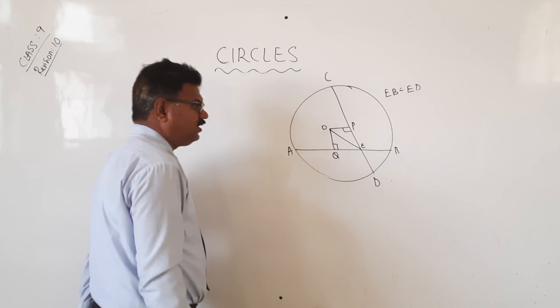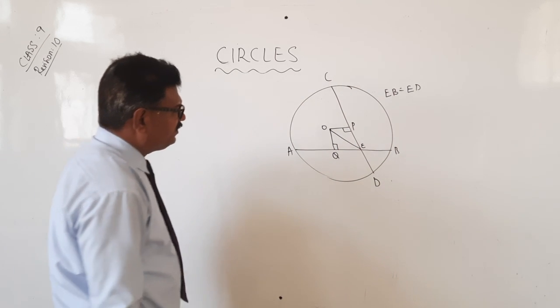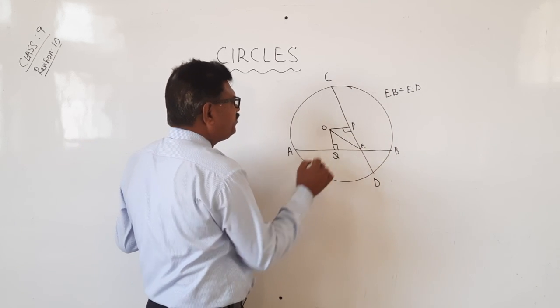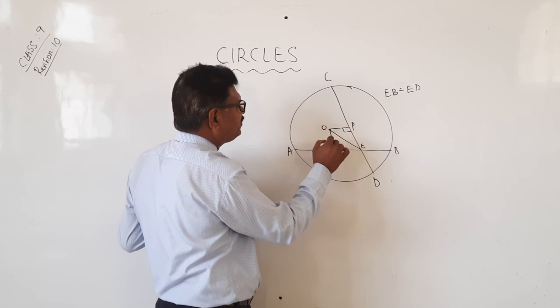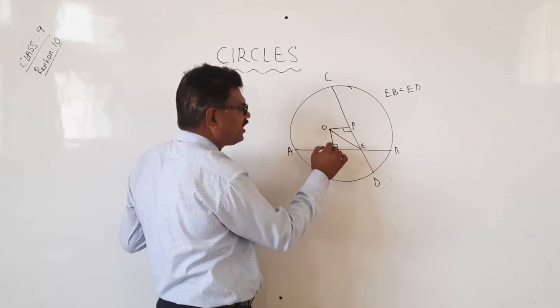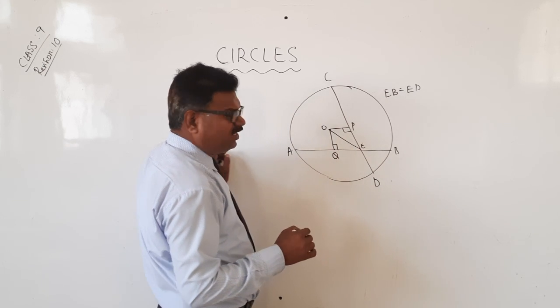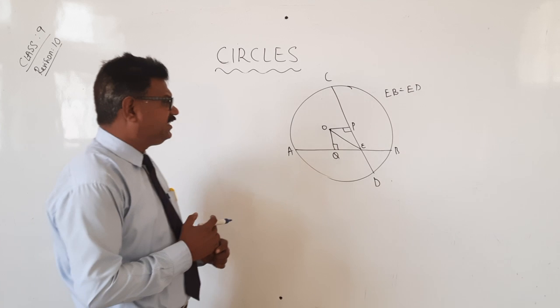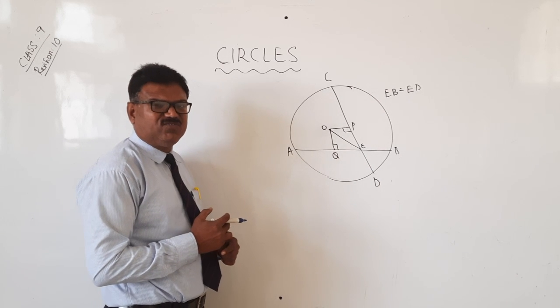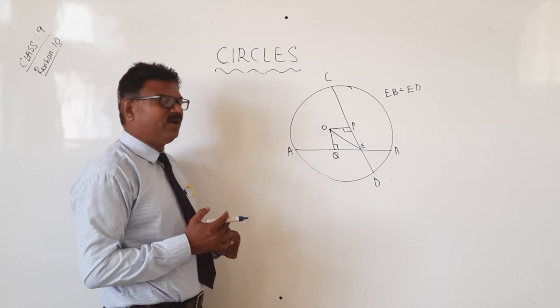Now, if it is perpendicular, the distance from the center to the chord is equal, because we have proved that the distances from the center to equal chords will be equal.